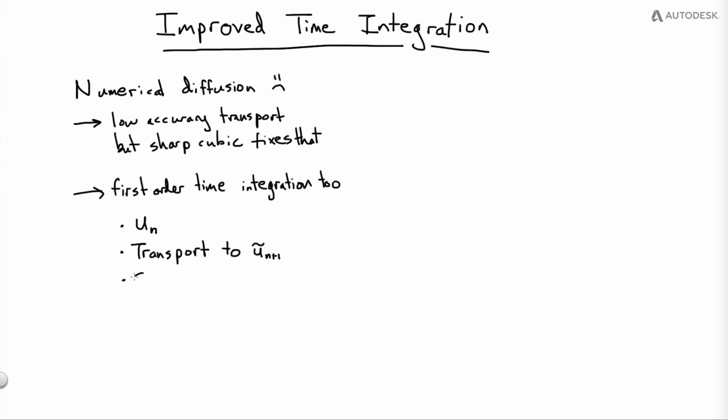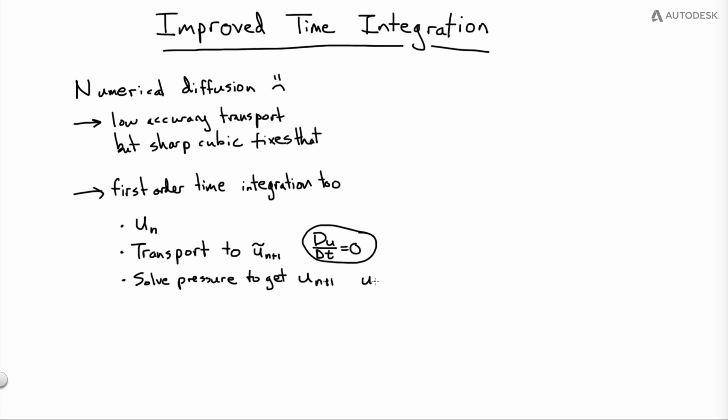And then we solve pressure to get the final one. So this is solving basically du dt equals 0. It's moving the fluid through space, but it's not including any of the pressure forces.